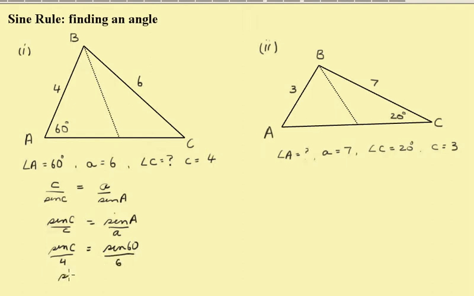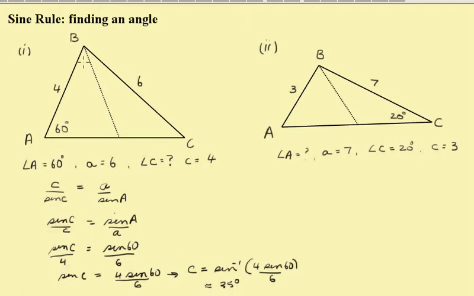Therefore, sine of C must equal 4 times the sine of 60 over 6, multiplying both sides by 4. This means that C must be equal to the inverse sine of 4 sine 60 over 6. And that comes out to approximately 35 degrees.